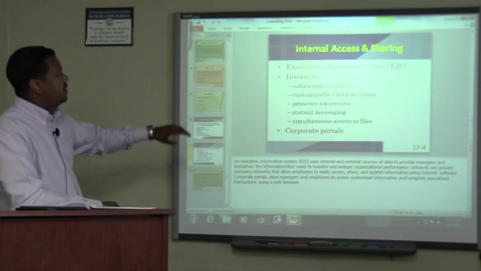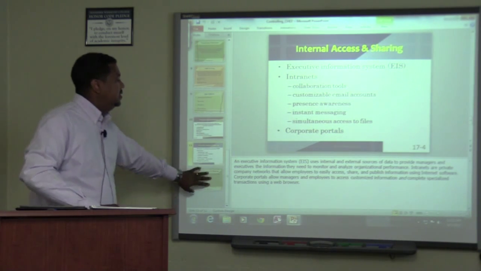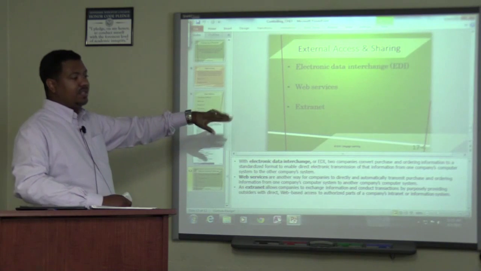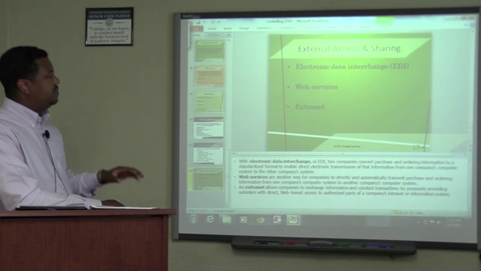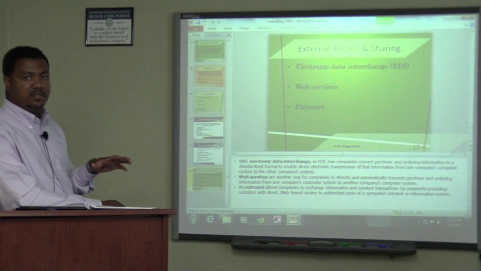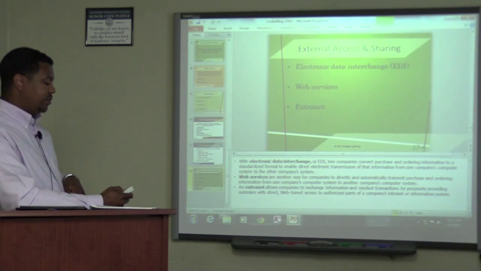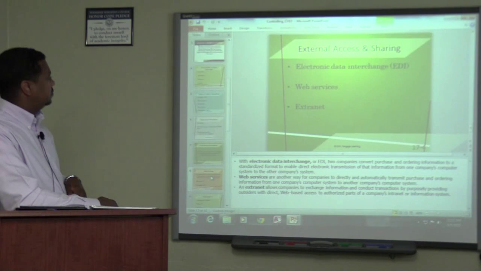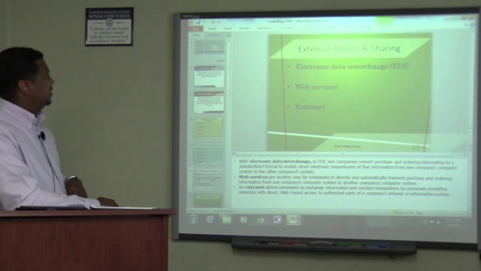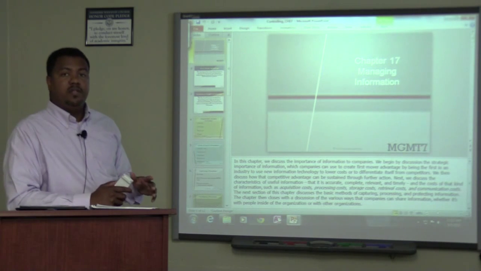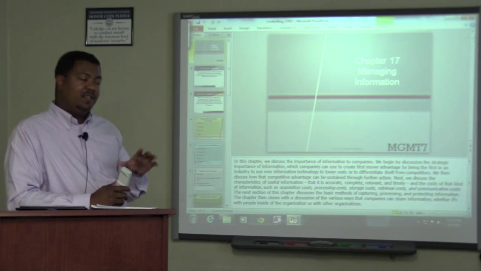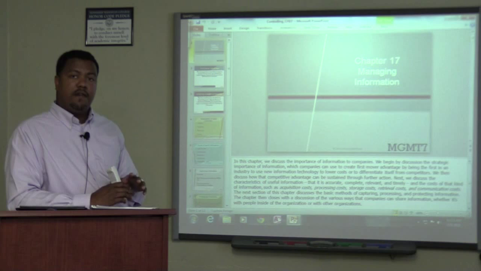some key ways individuals are using web services is to continue to allow access to information and to be a lot more mobile in their abilities to serve the organization. So we see here two good ways, discussed in chapter 16 and chapter 17, about how organizations can deal with the management function of controlling.